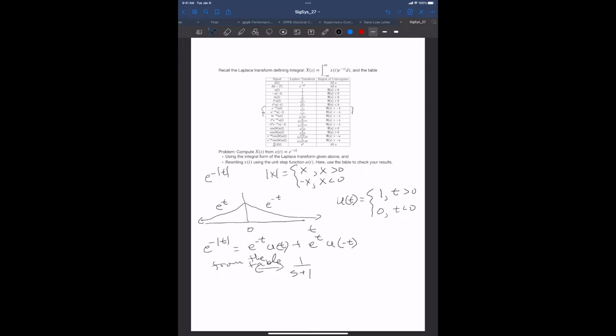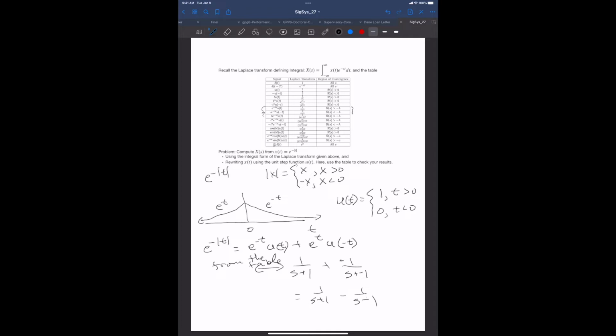So lambda is minus 1. So that's going to go to 1 over s plus minus 1, and then I have the minus sign, so I need a minus in front of that. And normally, of course, you'd write that as 1 over s plus 1 minus 1 over s minus 1.